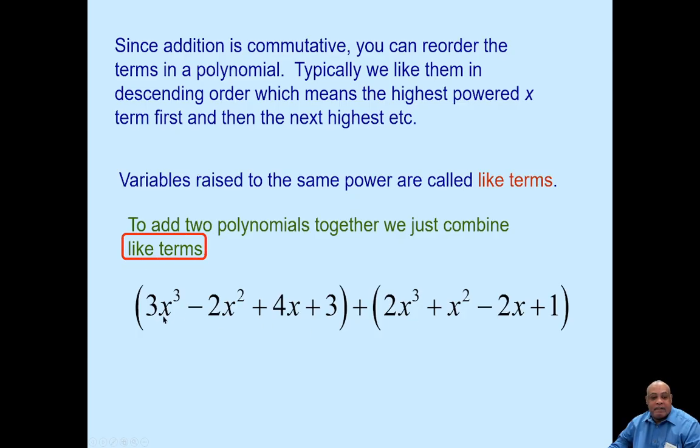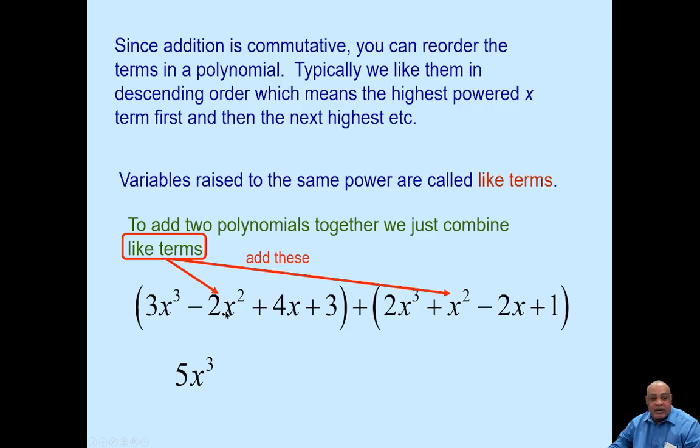Like terms, same base raised to the same power. You see that? Those are like terms. The same base, the variable x, raised to the same power, 3. So you can combine those.